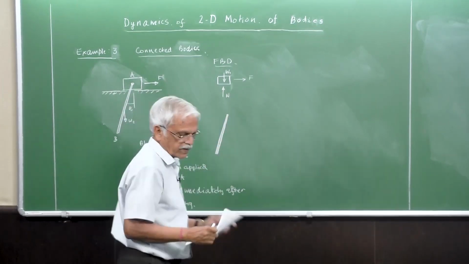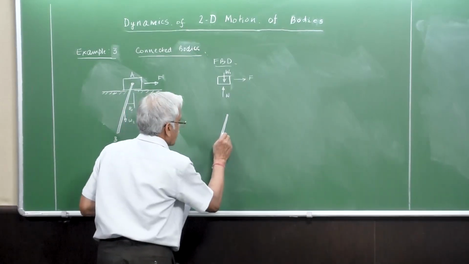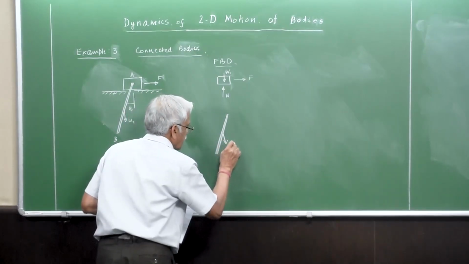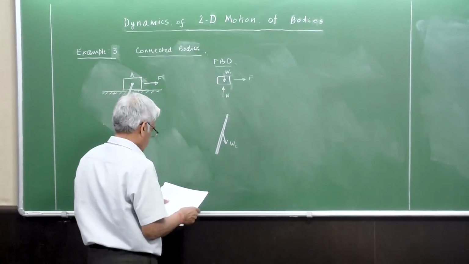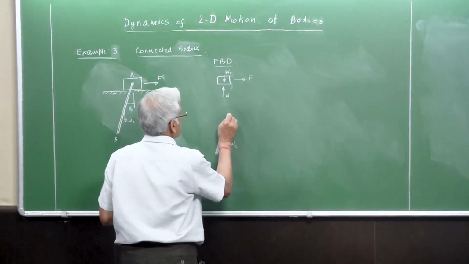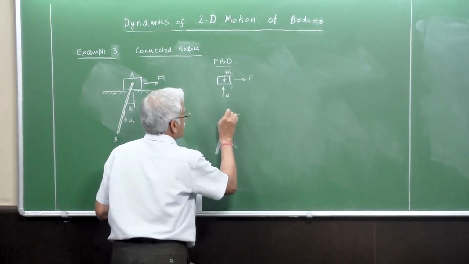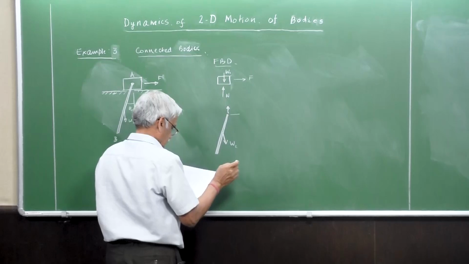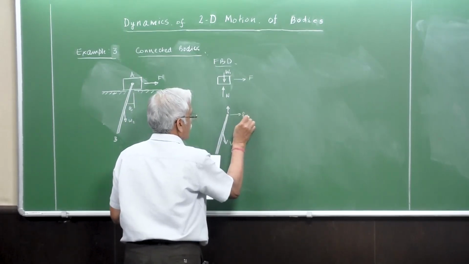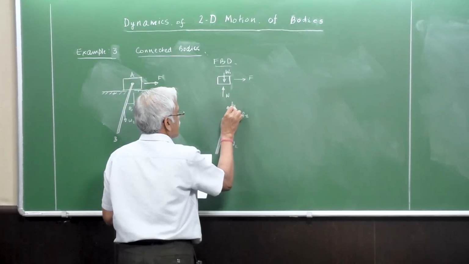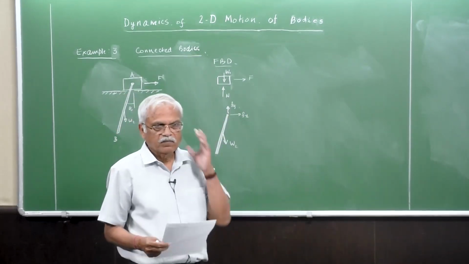If you draw the free body diagram of the rod also, the rod is acted upon by weight, and what else? There are other forces here. So there's a pin connection here. So obviously there are internal forces Fx and Fy without any moment.